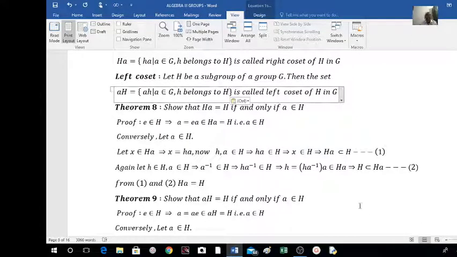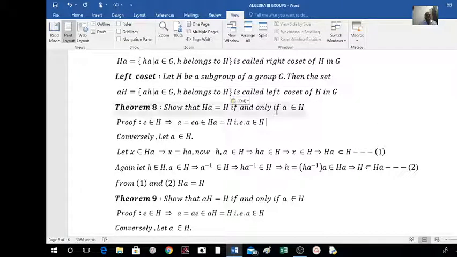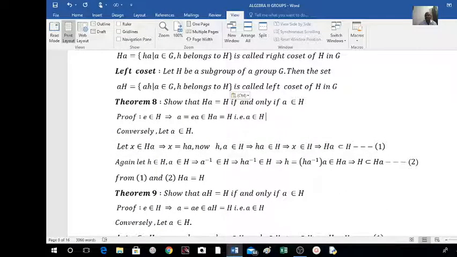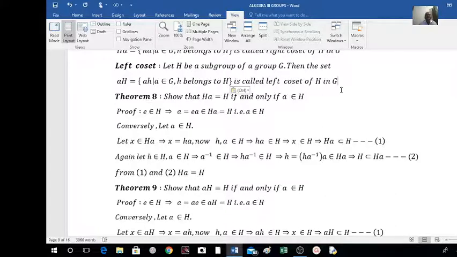One theorem: show that HA equals H if and only if A belongs to H. If I take HA equal to H, then I have to prove that A belongs to H. Conversely, suppose A belongs to H, then I have to prove that HA equals H. Now to show that any two sets are equal, one criterion is that HA is a subset of H and H is a subset of HA.